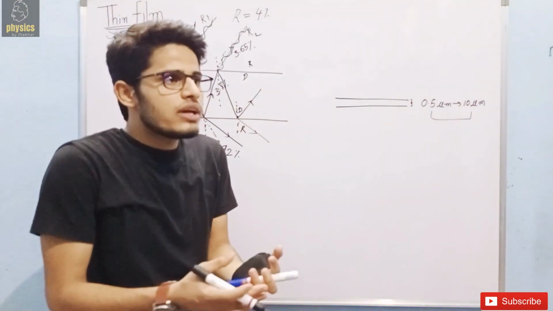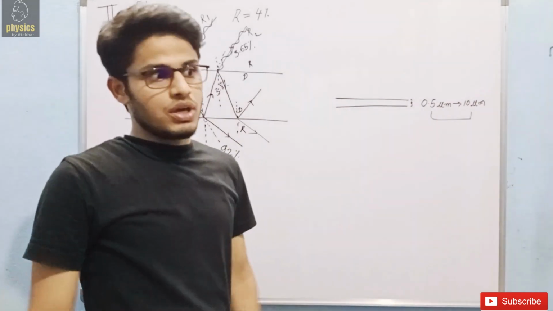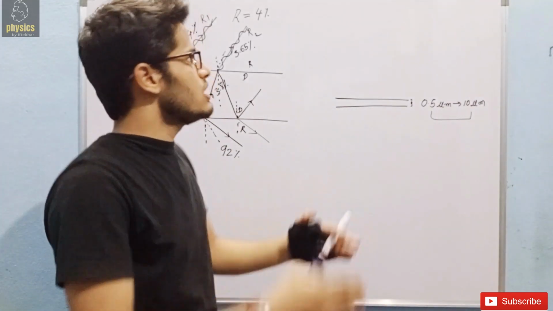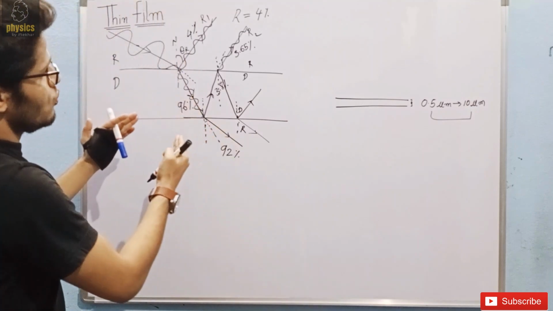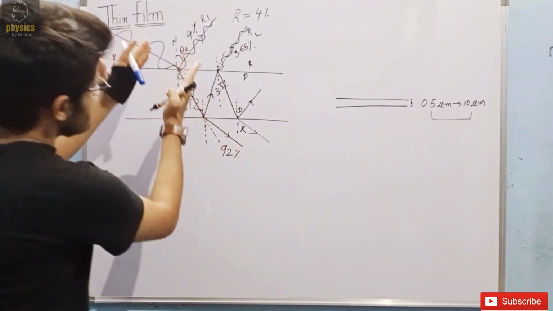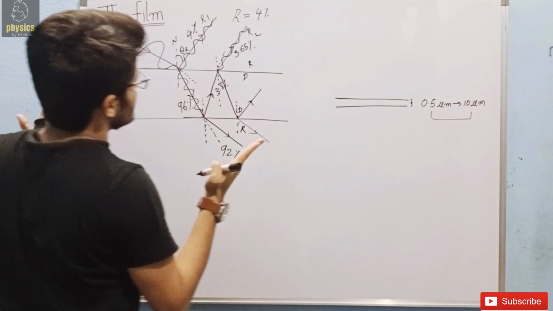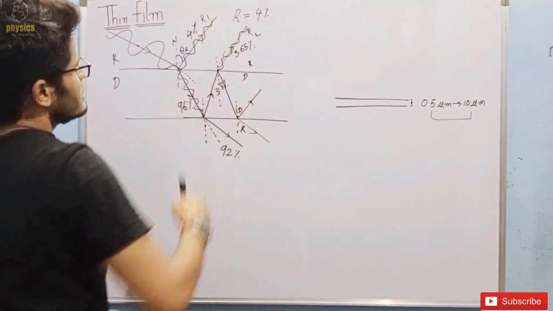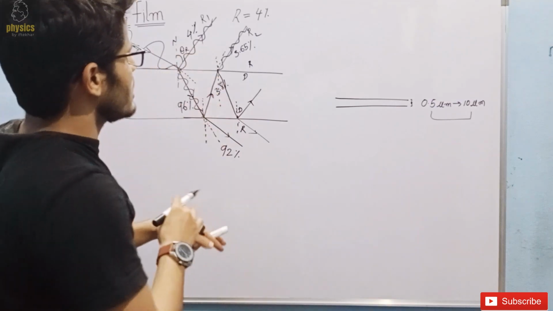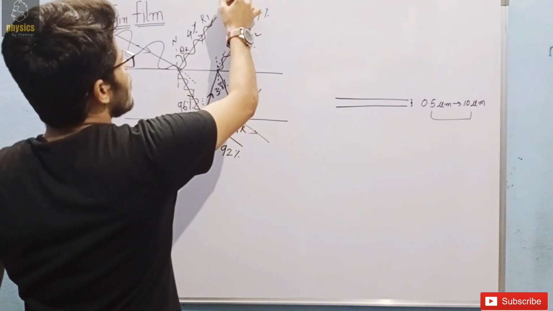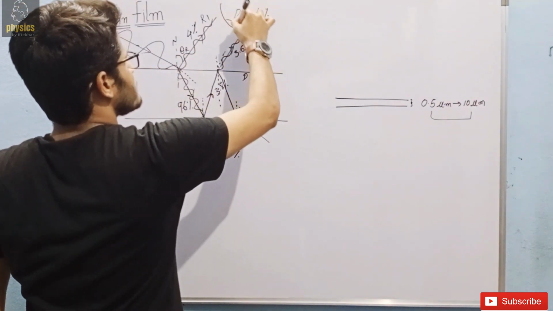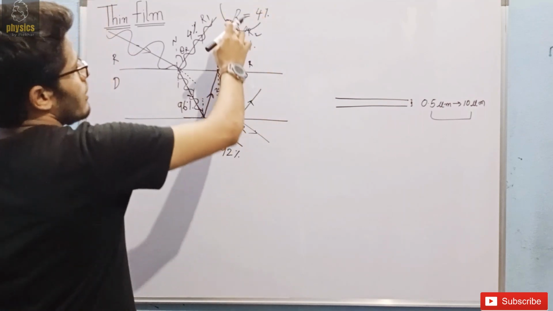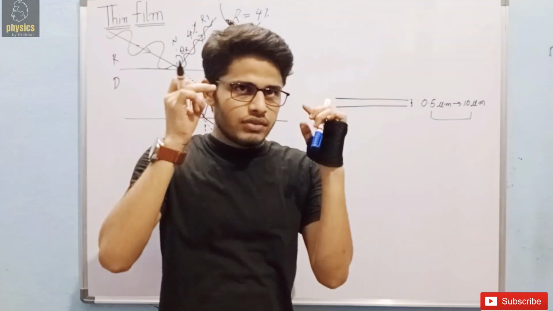So how are you going to see the interference? Because if you want to have interference, the light rays should merge. But from this geometry, what we are seeing is that they are exactly parallel to each other. So they both are merging. Our eyeball is doing that. Our eyeball is a type of lens.